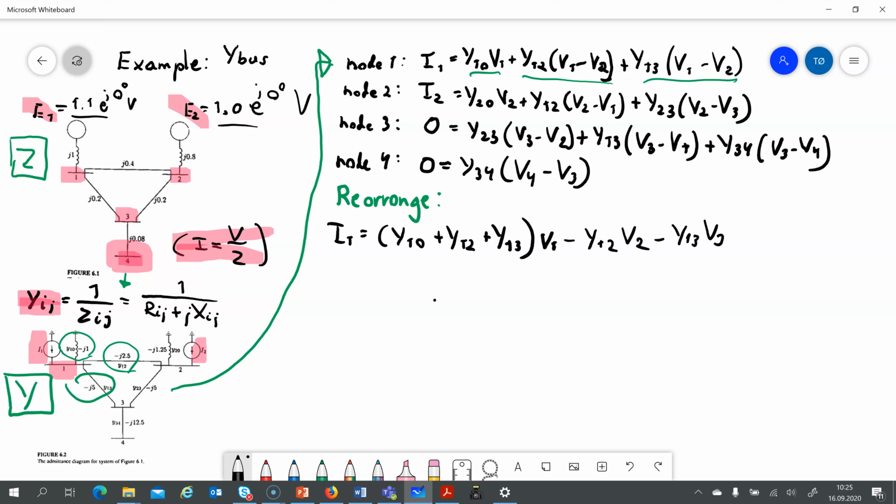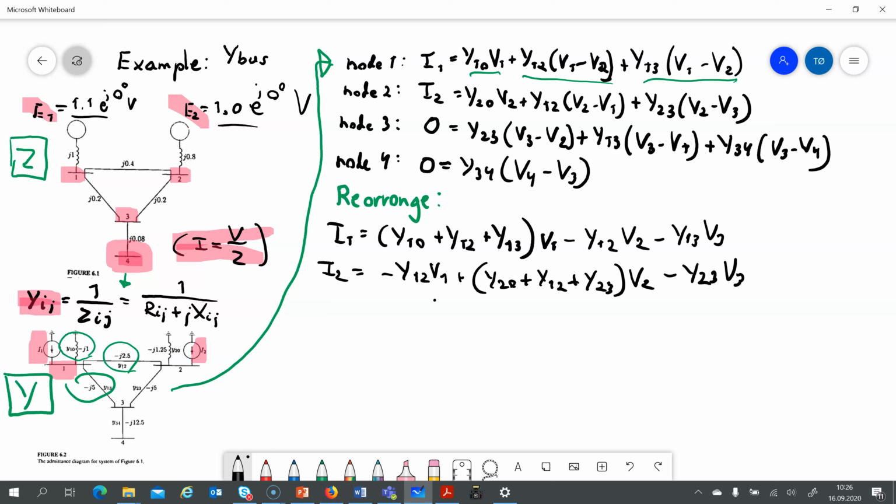And then we will have the current for the second node. We'll have minus Y12 V1 plus the Y2 terms times V2, and minus Y23 V3.